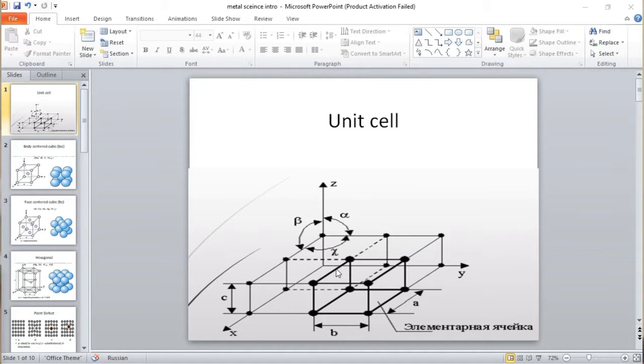In a lattice structure, these are nodes, and these nodes represent atoms. All metals have a certain type of lattice structure, and these lattice structures are a little bit different. Different metals have different lattice structures. So let's see what kinds of lattice structures we have.